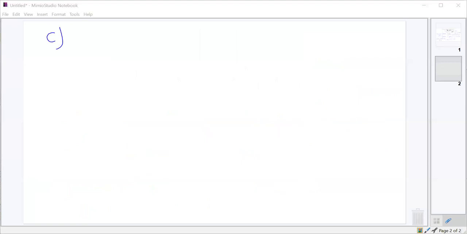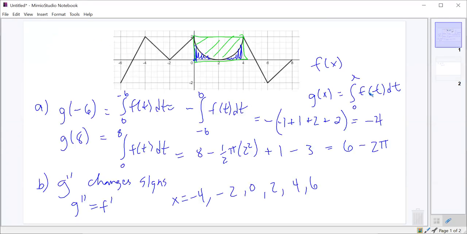Okay. Part C asks for local maxima and minima. So that means when G prime is equal to 0, and it said the open interval, so we don't have to worry about endpoints. If G prime is 0, that's when F is equal to 0. Since G prime is F, when does F equal 0? Well, F equals 0 at a bunch of places, here, here, here, and here, but it has to change signs, also here, but that's not included on our interval. It doesn't change signs at -2 or at 2.